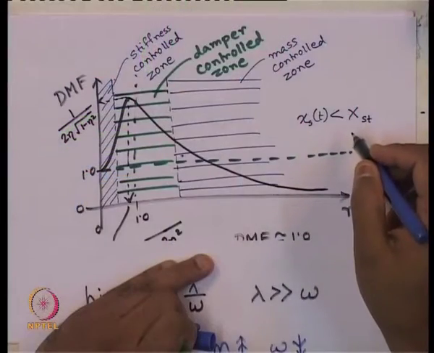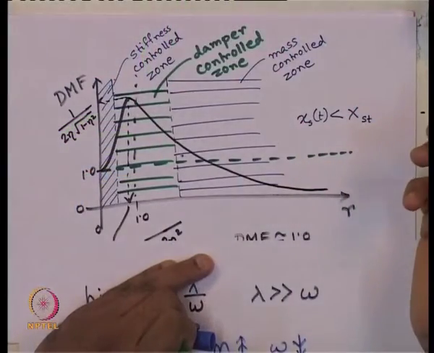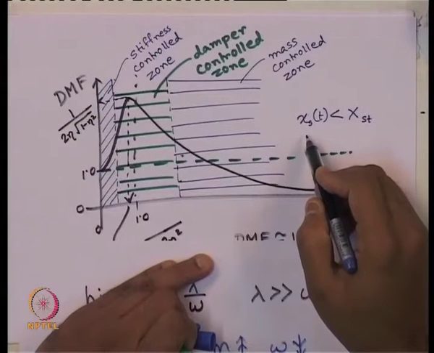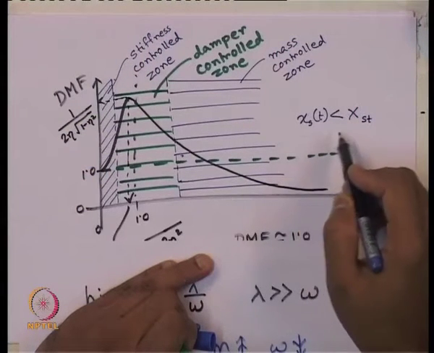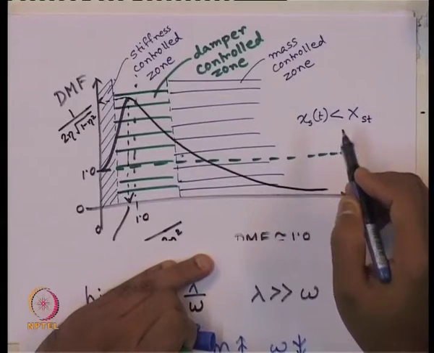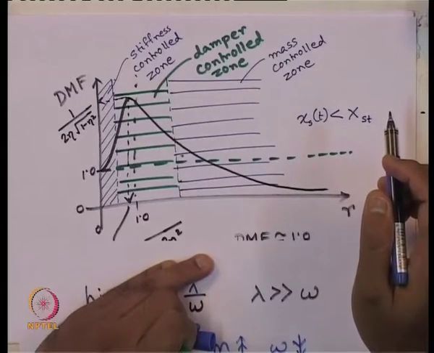Because the maximum displacement it is going to experience is the static displacement, as its dynamic steady state displacement is much less than that. So, for that kind of foundation, if we have designed it properly to take care of static load, that is good enough for taking care of the dynamic load. So, we need not design it specially for the dynamic load.